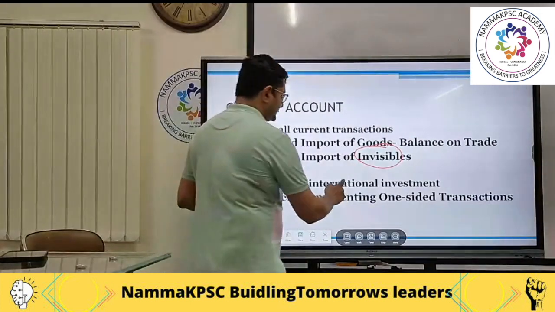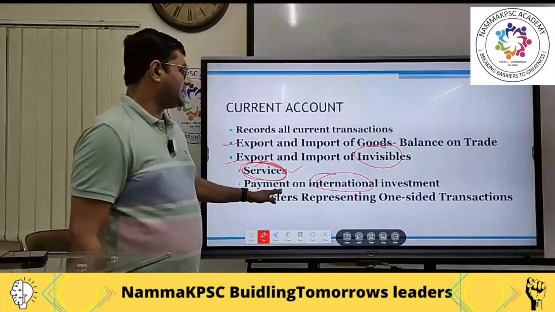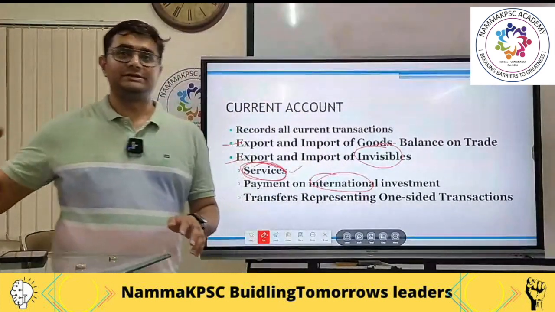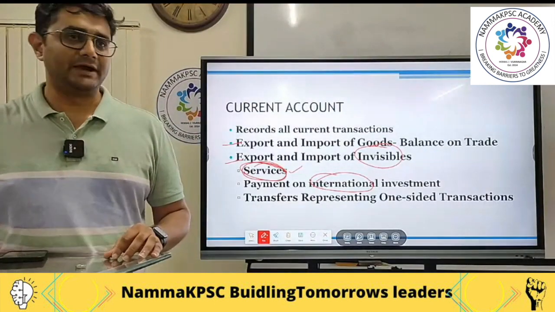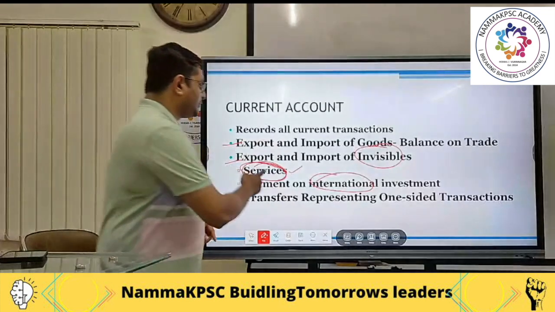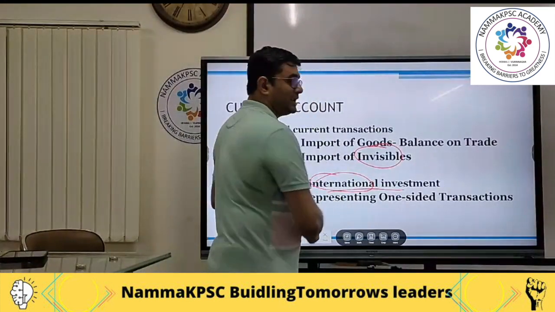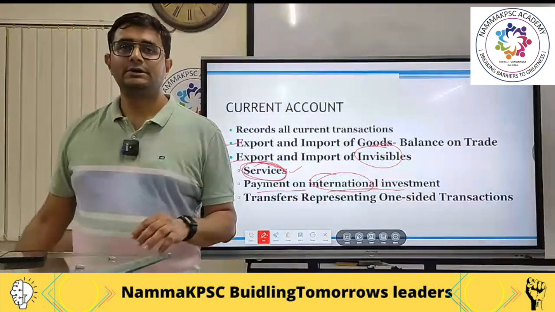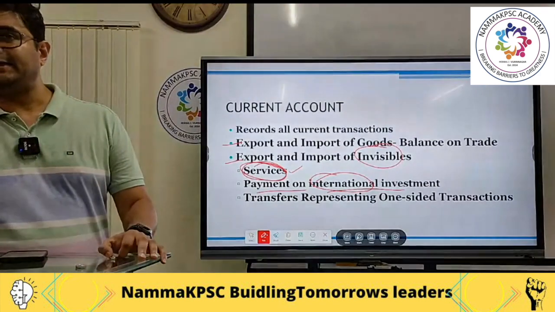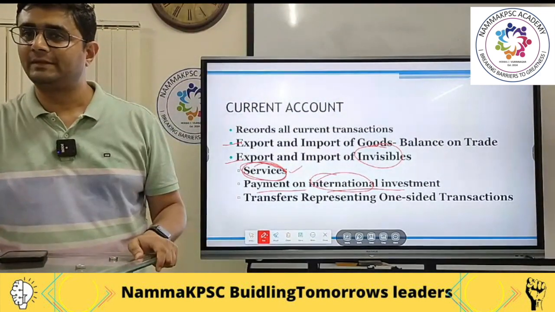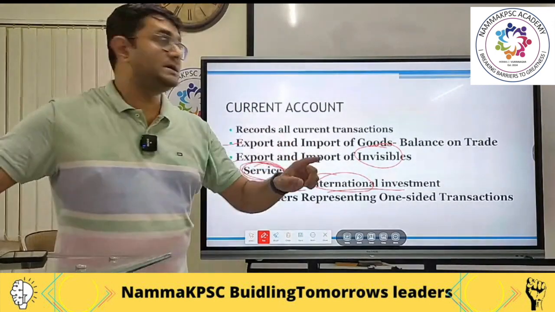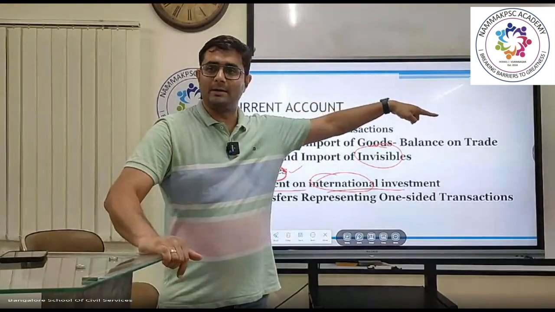It includes your payment on international investments, meaning profits and dividends that you get. Let's say you invest and buy a house in the US. The investment is capital account, I'll come to that.